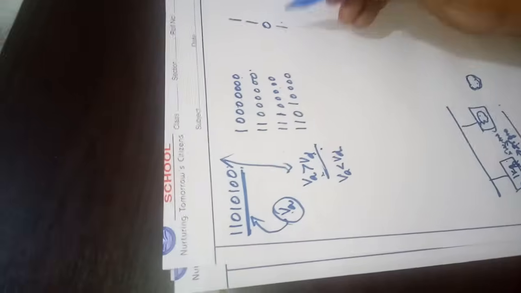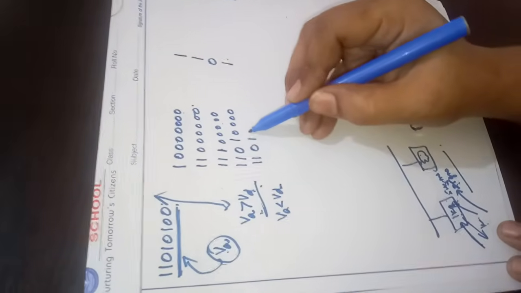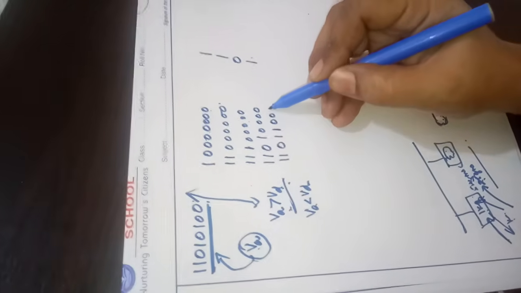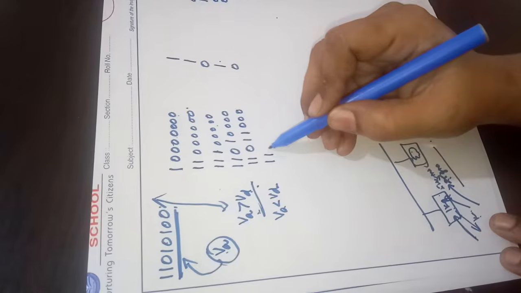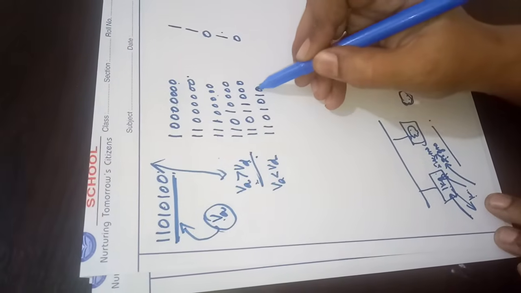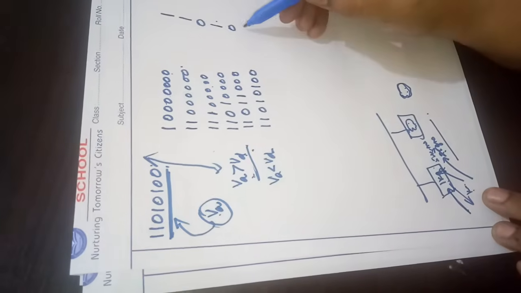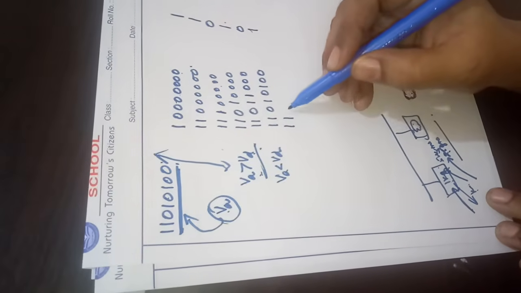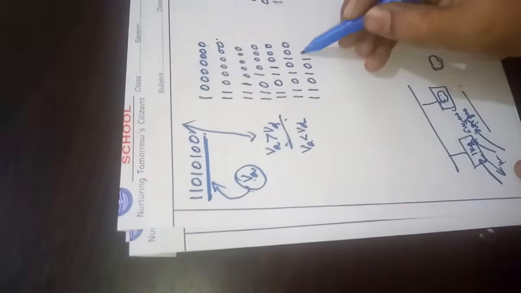If the output is 1 again, then it becomes 1 1 0 1, and the other bits are set as 0 0. If the output is 0, then it is going to do 1 1 0 1 0 1 0 0. Then if the output is 1, it goes to 1 1 0 1 0 1 1 0.